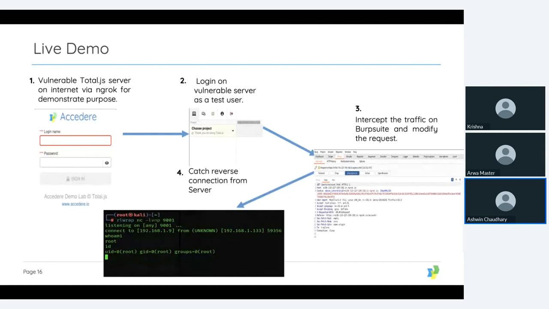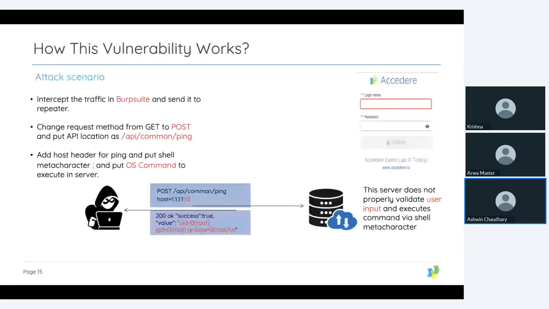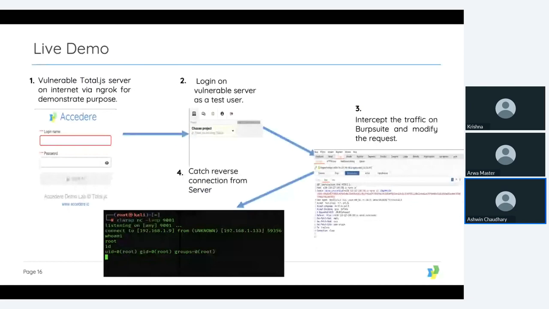Third, we will intercept the traffic using Burp Suite, like we just discussed in the slide above. We will show you how the method is changed from GET to POST and how the shell meta characters are sent to the server, and the result we are getting.